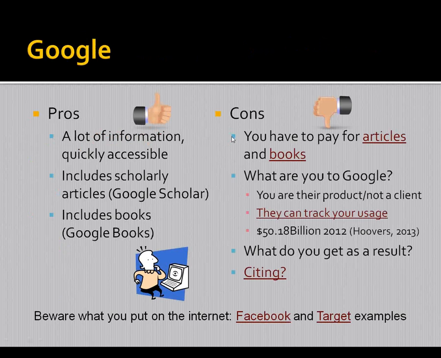And what you'll find is that, oops, I went to the next slide here. All right, so I went out to Google and I searched for an article on information literacy.